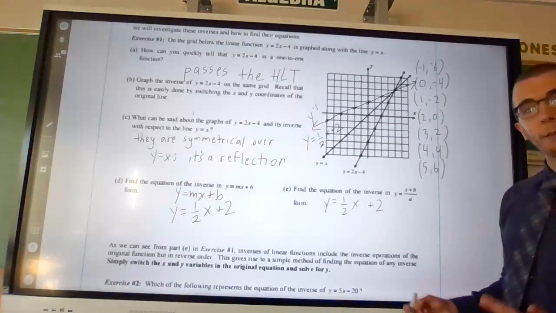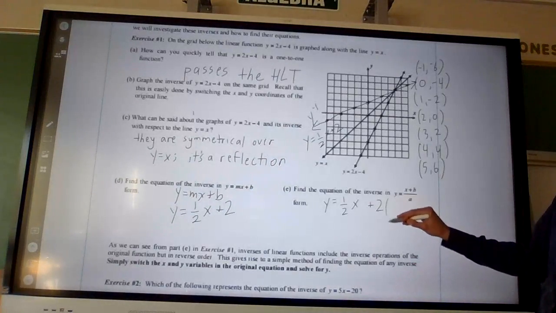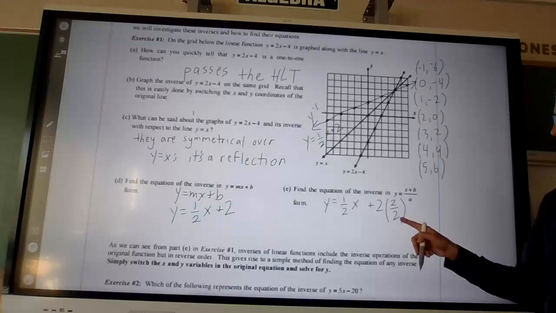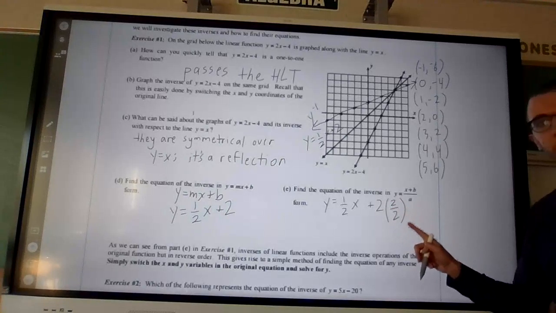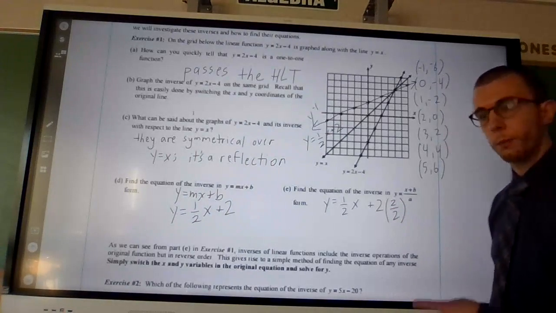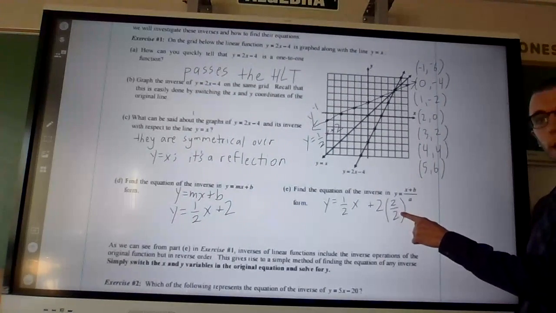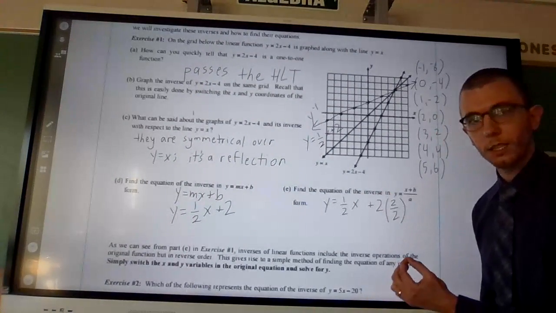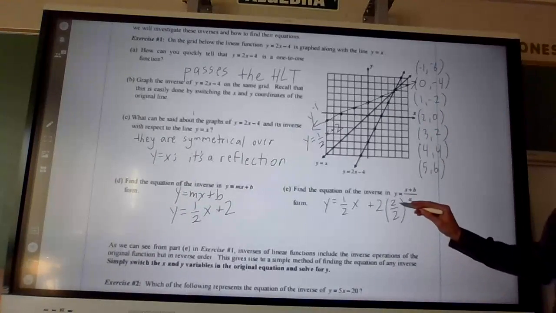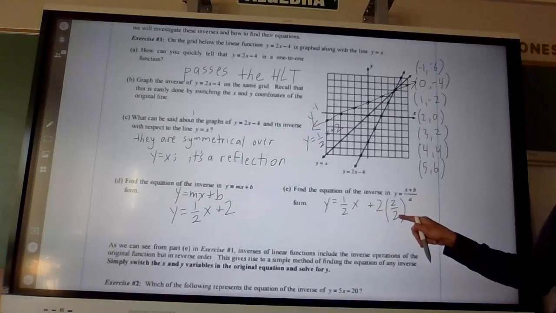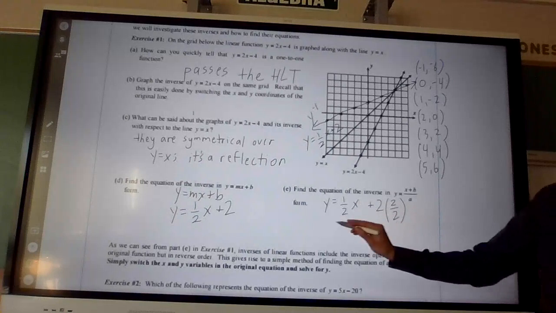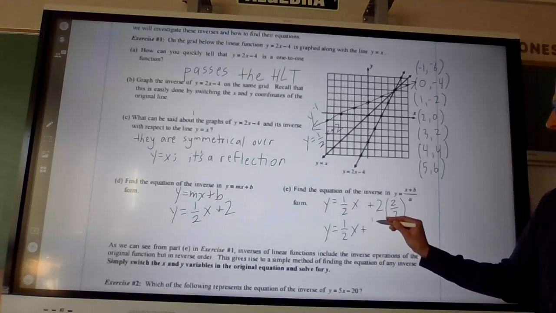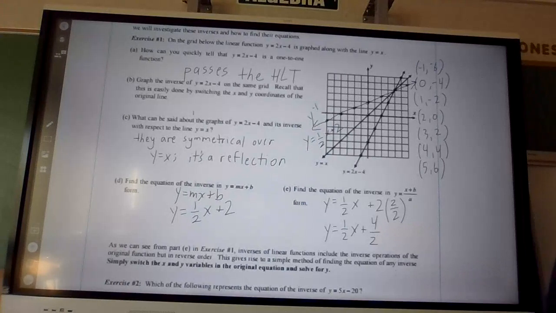If that's not obvious right away, I can simply multiply that by 2 over 2. Multiplying by 2 over 2 is the same as multiplying by 1, because 2 divided by 2 is 1. So I'm not changing anything here. I'm just manipulating it to my advantage. And by multiplying by 2 over 2, that will give 2 terms with the same denominator. So I have y equals 1/2 x plus 4 over 2.